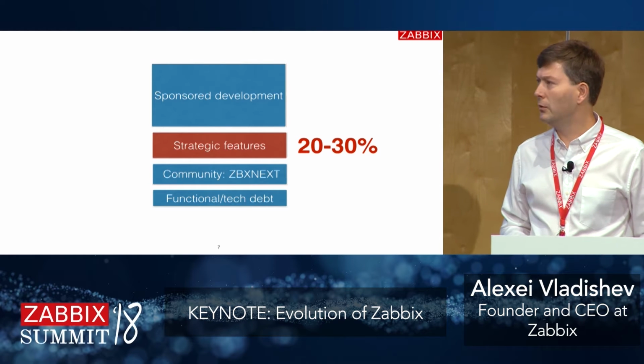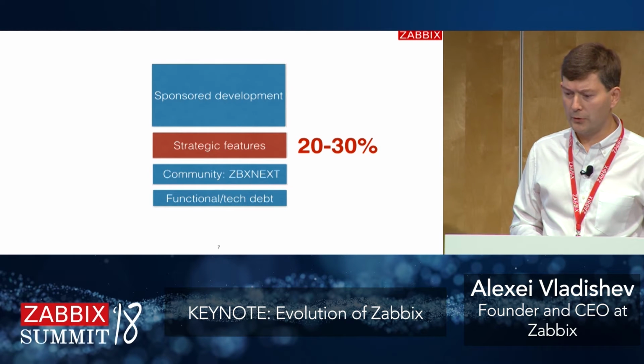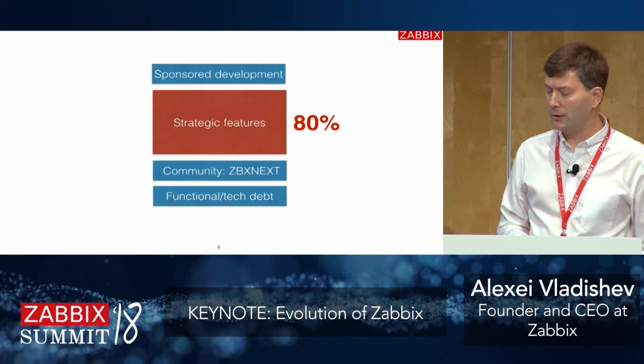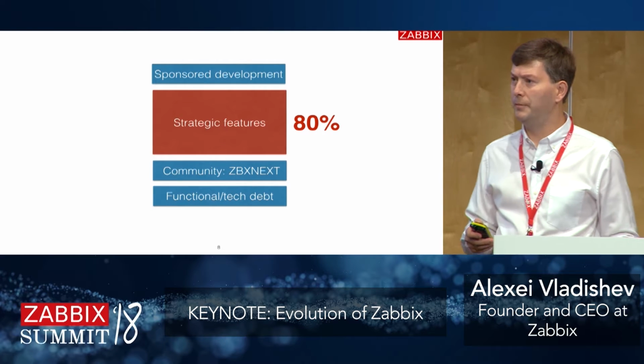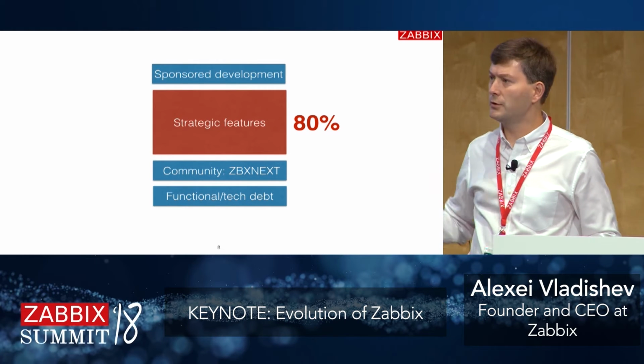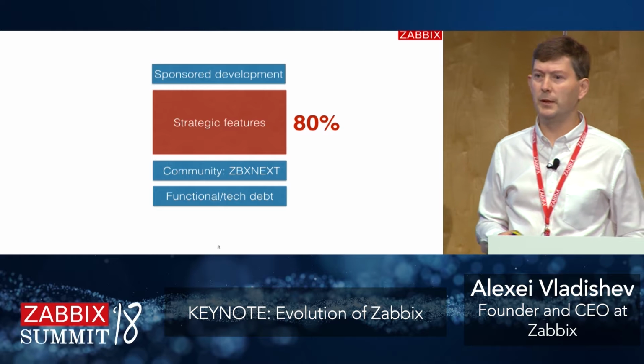What I really want is for the percentage of strategic features in the Zabbix Roadmap to be at least 80%.